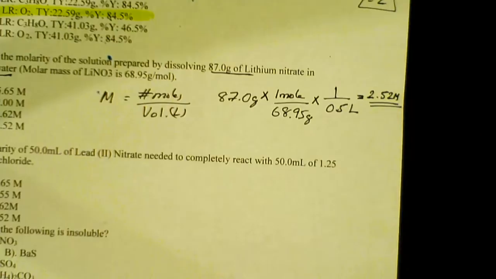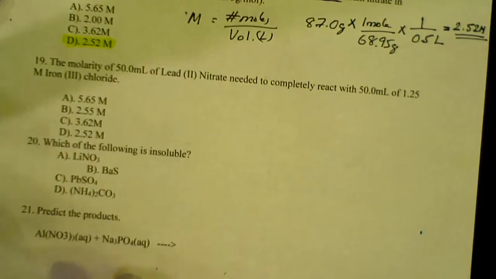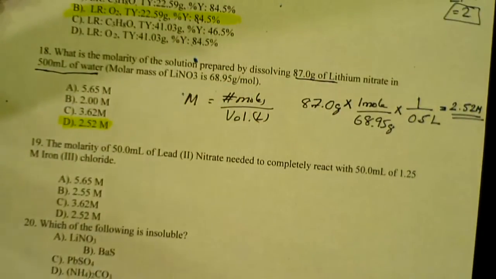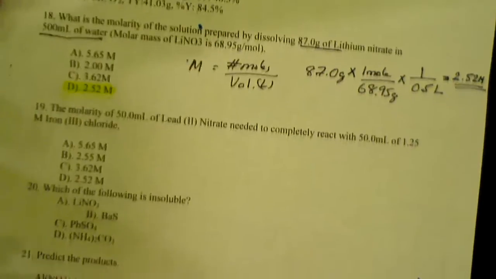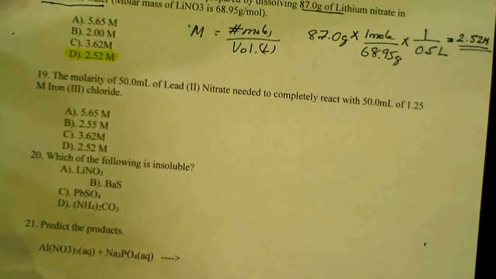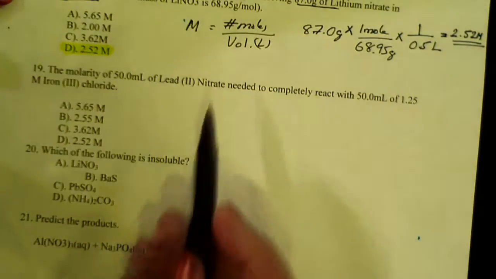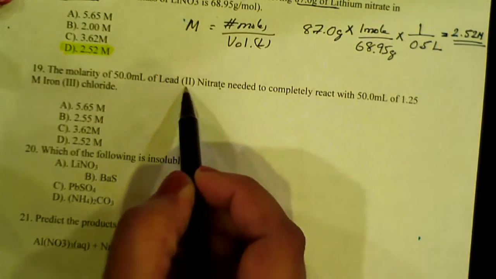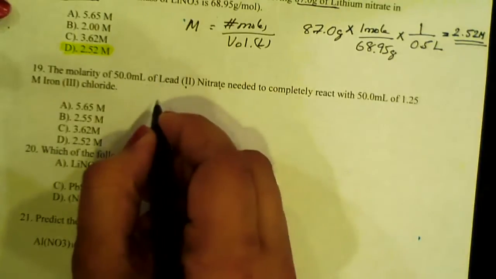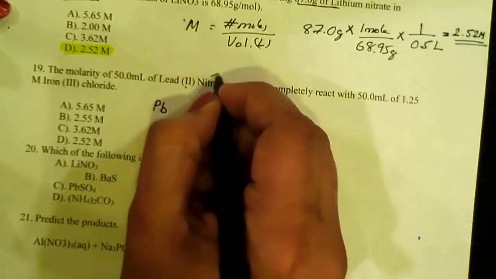So you will end up with 2.52 moles per liter. So get the number of moles and divide with the given volume of solution.